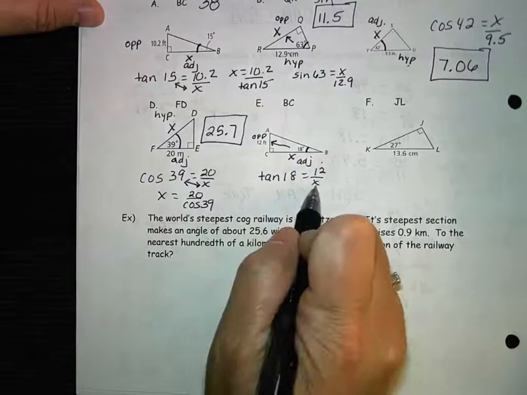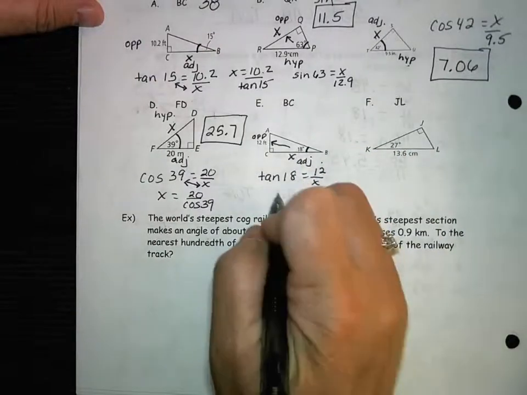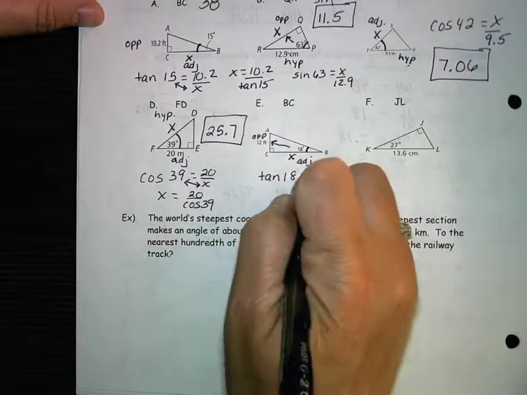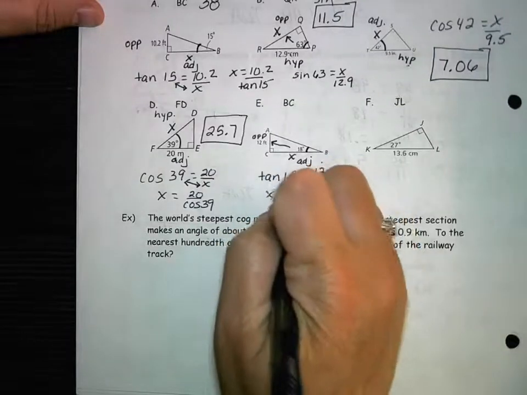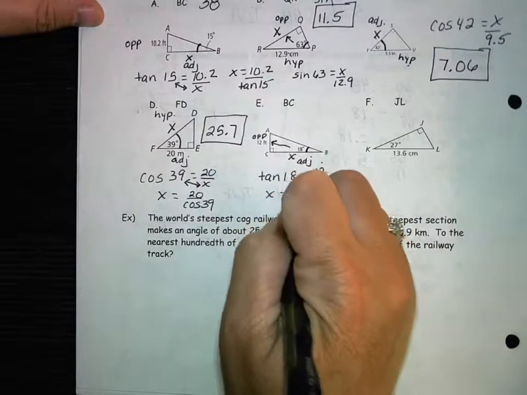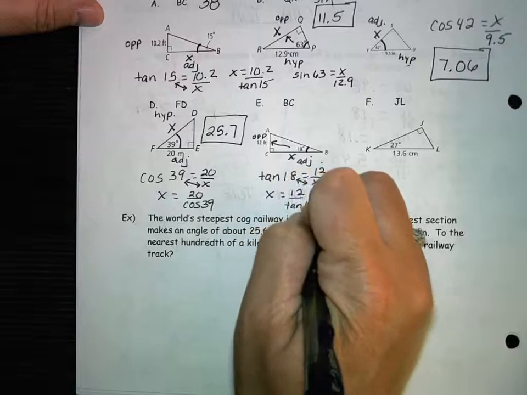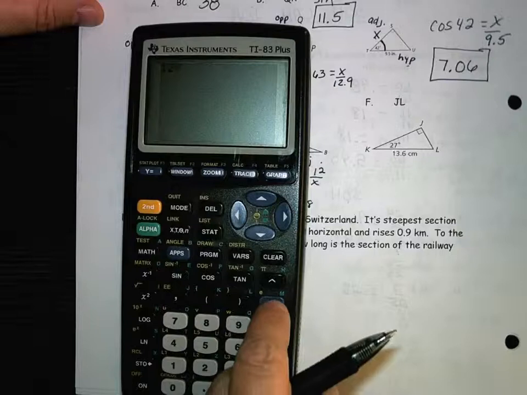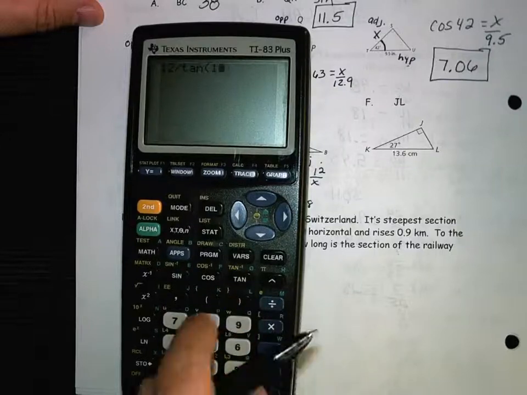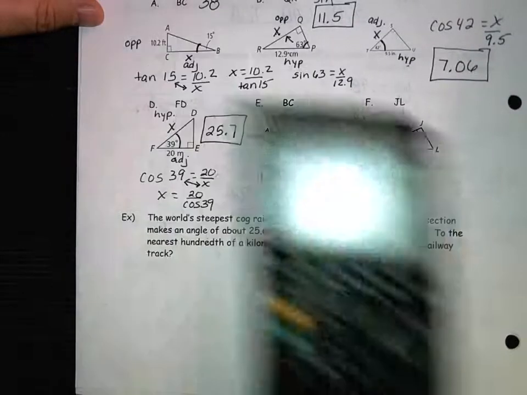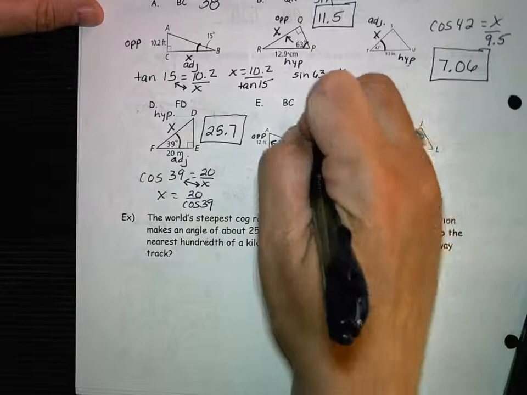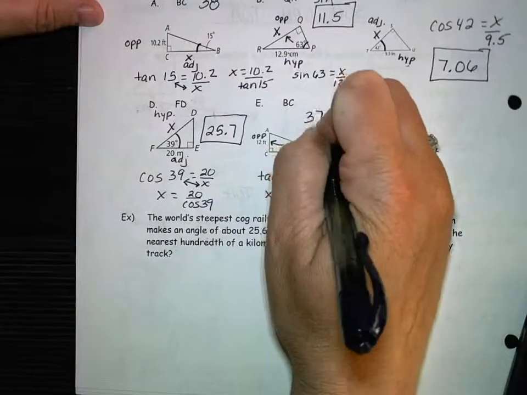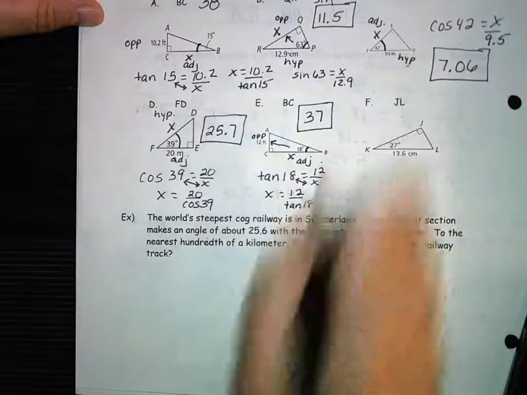Since the variable's on the bottom, you switch those two. And you have x equals 12 divided by the tangent of 18. 12 divided by the tangent of 18 ends up being 36.9. I'm going to round it off to 37.